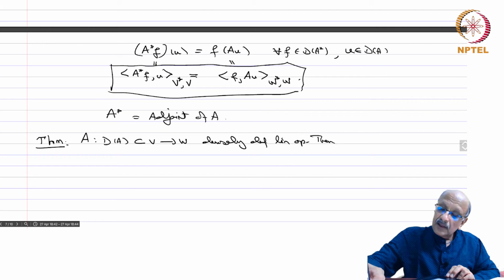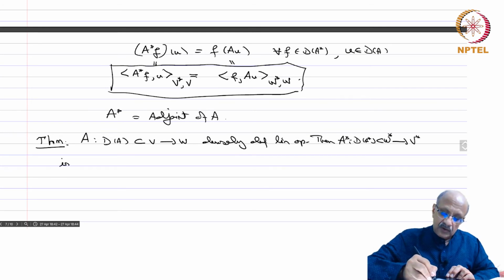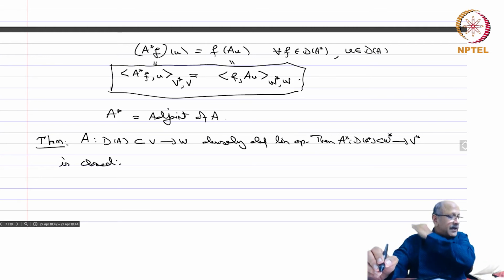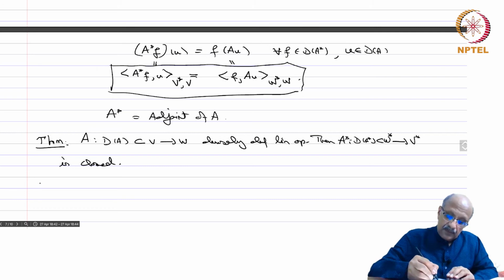Then A star from D(A star) contained in W star going into V star is closed. So the adjoint mapping A star is always a closed mapping. Proof.